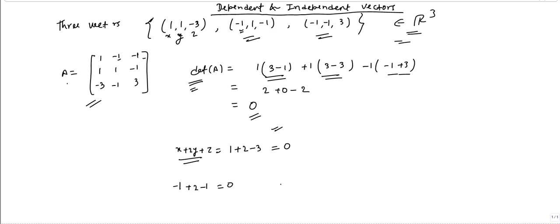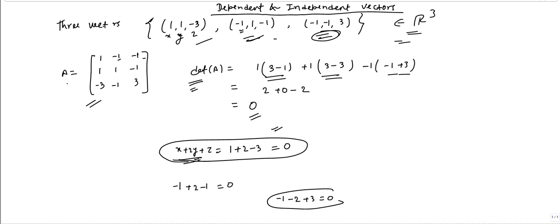And for this vector, minus 1 minus 2 plus 3 also makes 0. So all three vectors follow the pattern x plus 2y plus z equals 0, and in the coordinate system of R3, this is a plane.